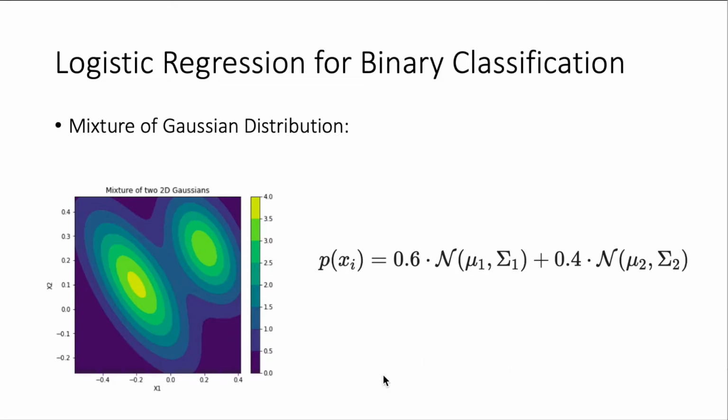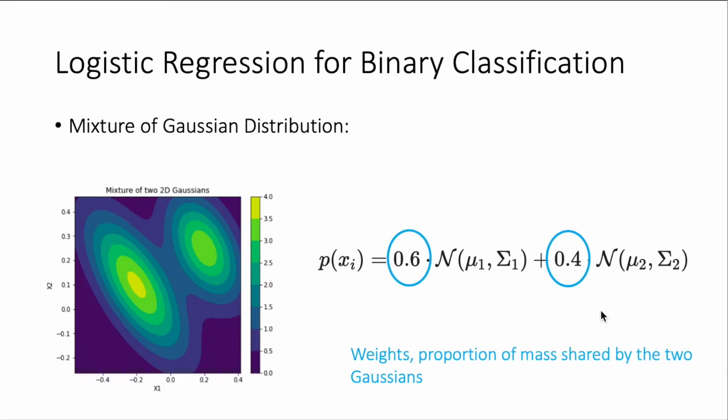So here in particular, the probability of any data point is going to be a combination. It's actually a convex combination of the two Gaussians weighted by these two numbers. These are the weights, or the proportions, of how we combine these two Gaussians.